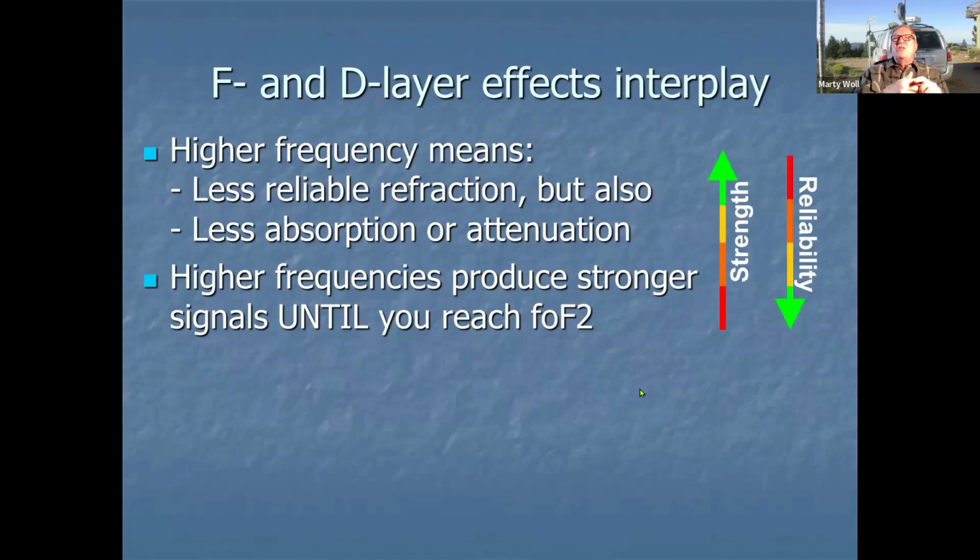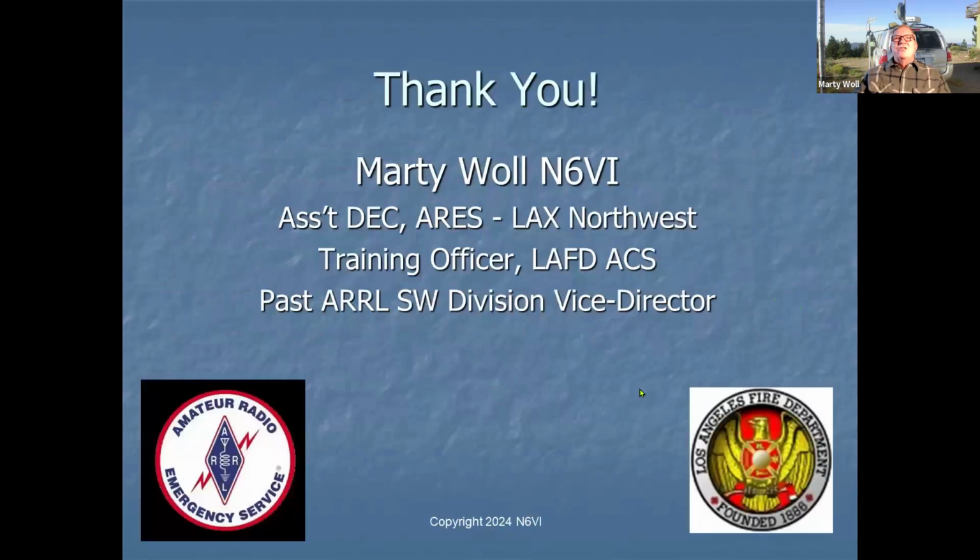It's just going to keep going into space. So your reliability goes down as you raise frequency. As you go up in frequency, you get stronger and stronger signals until you reach the critical frequency, what they call foF2, and then often it disappears. So that's kind of a summary of the propagation.